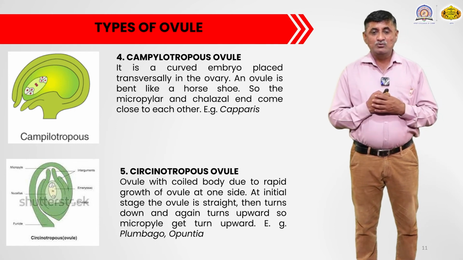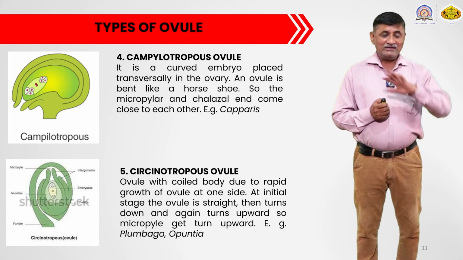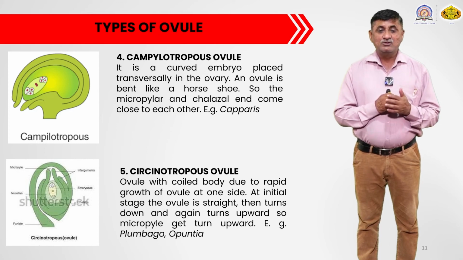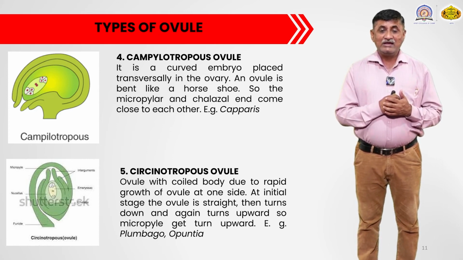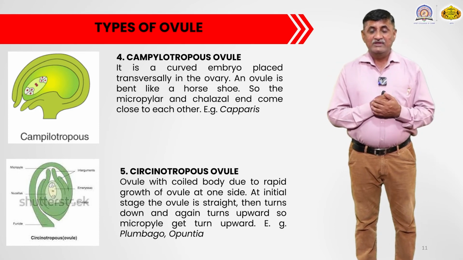The next type of ovule is called a Circinotropous ovule. Again here the position of the ovule is changed. Here the ovule has a coiled body due to rapid growth of the ovule on one side.